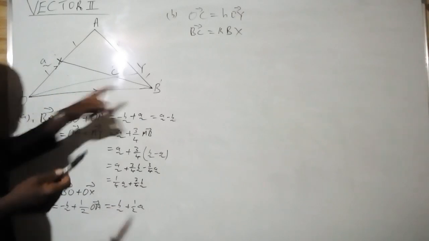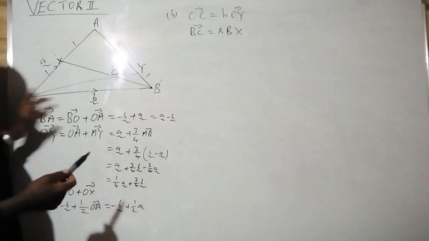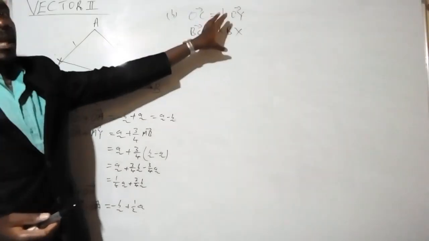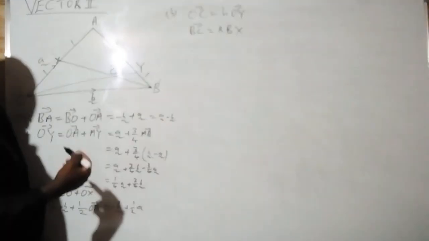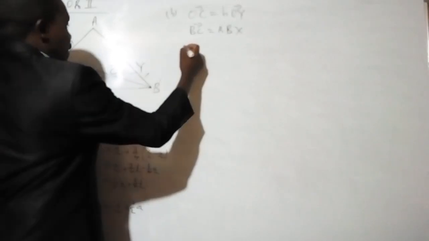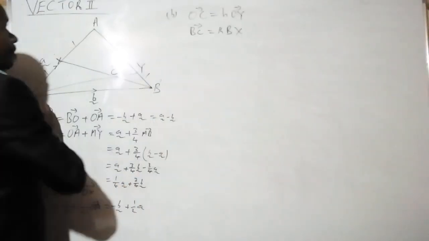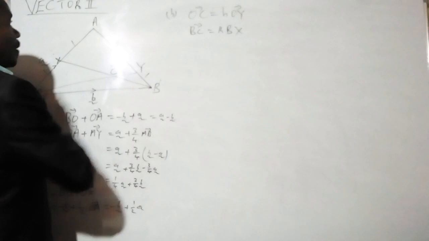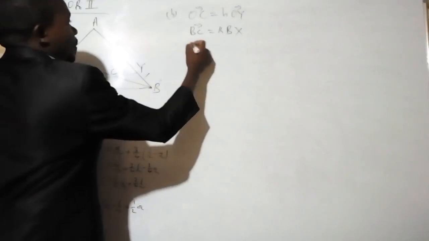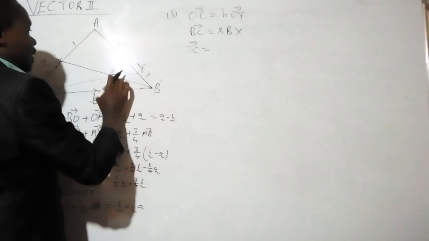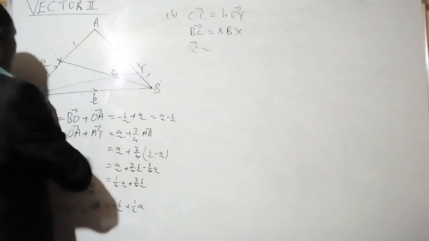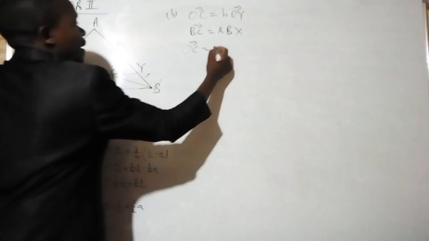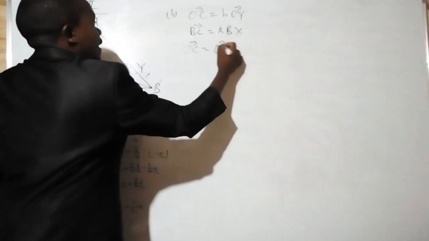That's the triangle that you are going to use, so that you can incorporate both. And you can say that OC is equal to OB vector plus BC, like that.